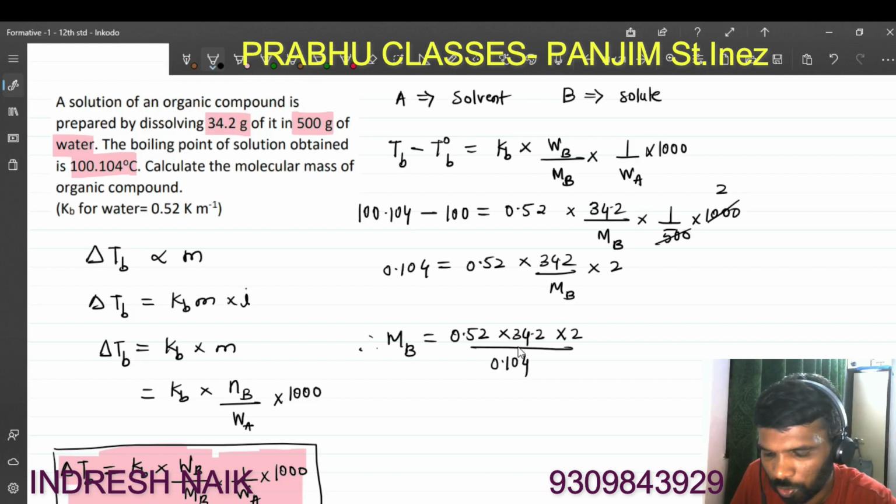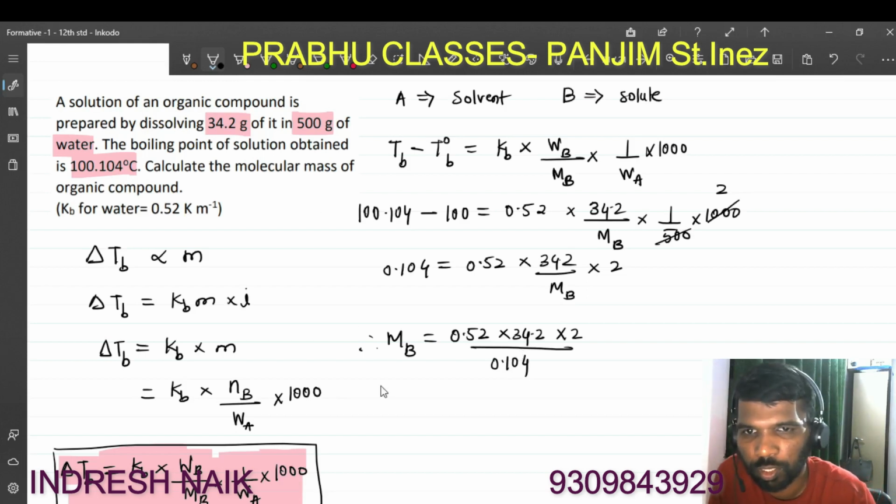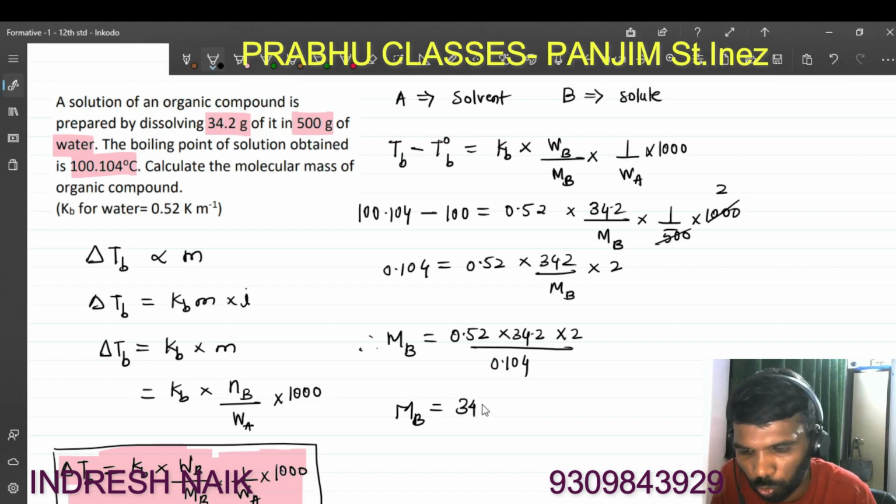So we'll solve this: 0.52 multiplied by 34.2, multiplied by 2, divided by 0.104. So the molar mass MB is equal to 342 grams per mole.